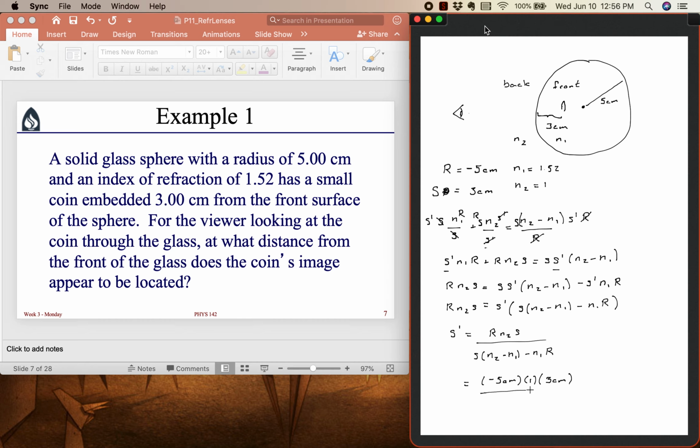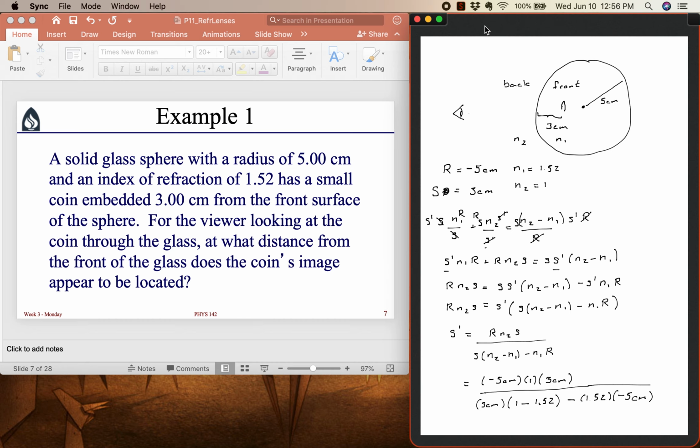And then in the denominator, I have the 3 centimeters times N2 minus N1, so that would be 1 minus 1.52, and then minus N1, which is 1.52, times R, which is negative 5 centimeters.